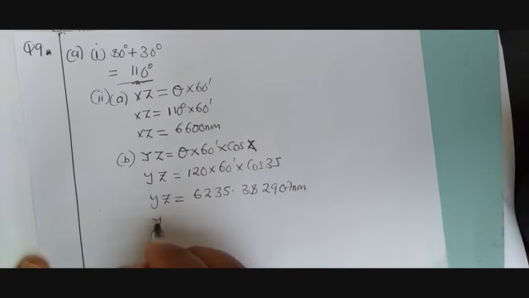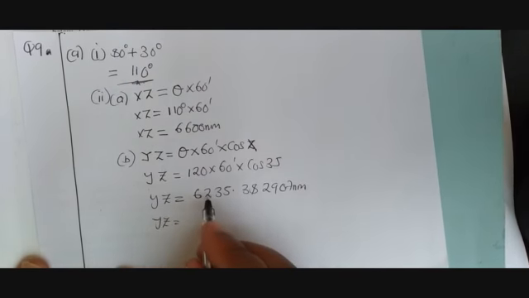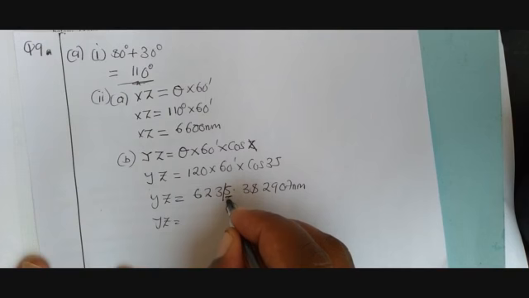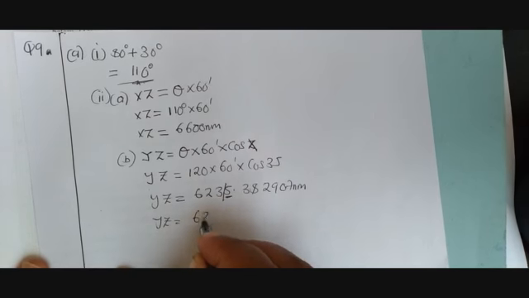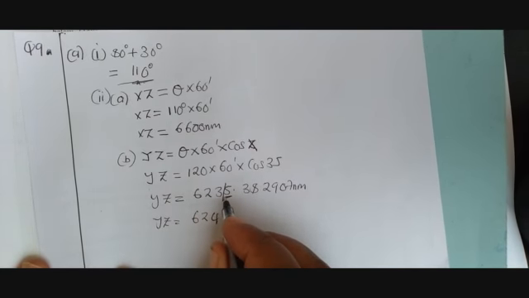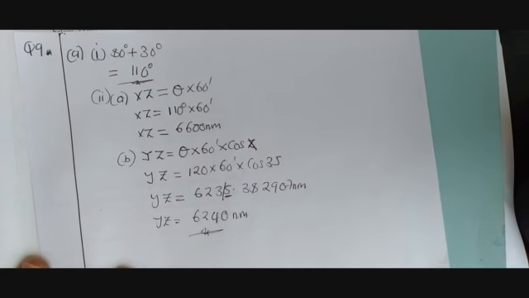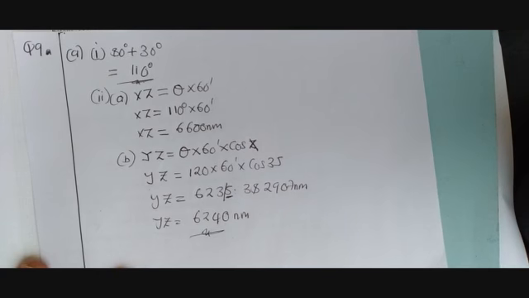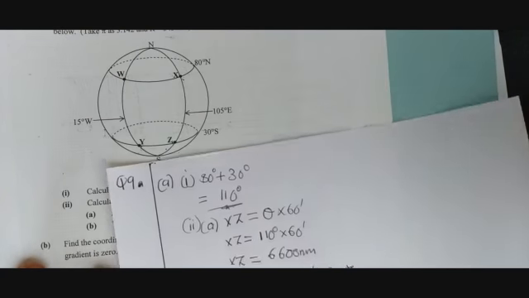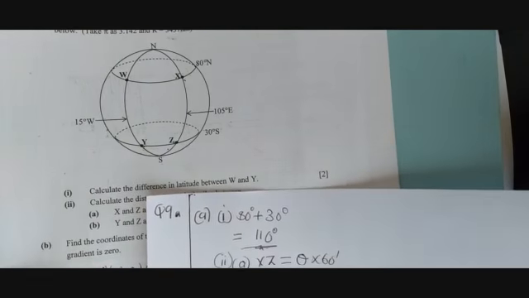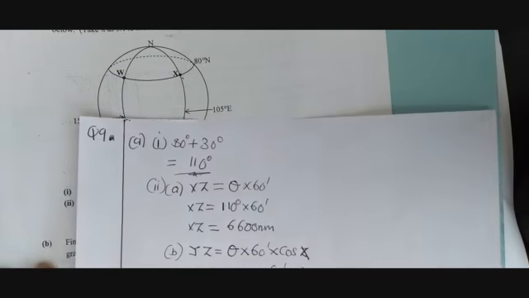We cut here and consider this one as 1, because we are rounding off to 3 significant figures. So 1 plus 3 is 4. So I've got 6240, and this one is our answer. Okay, so we are done with A. We go to B.